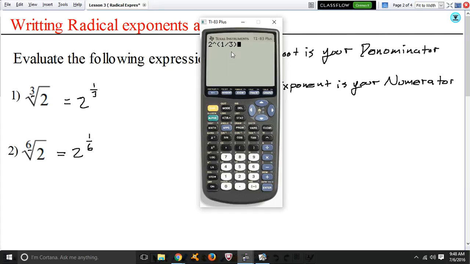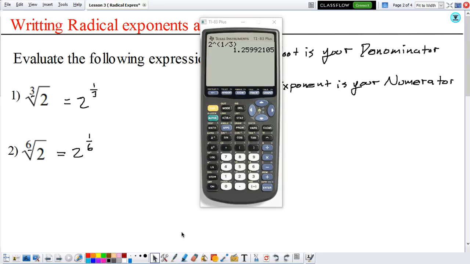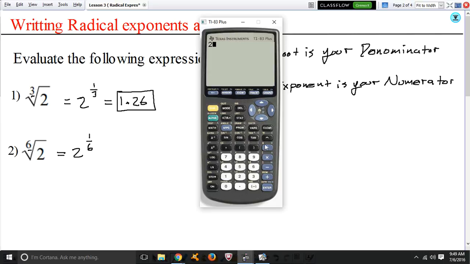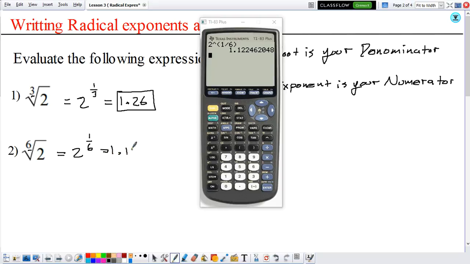It is important that you put your exponent in parentheses. Let's round it to the nearest hundredth. Now it becomes 1.26. And now 2 to the 1/6 becomes 1.12.